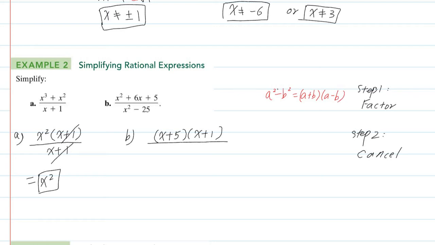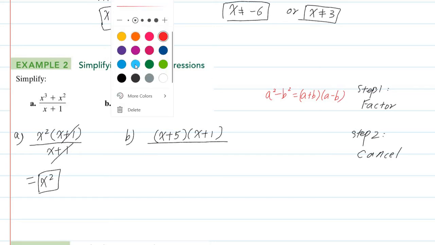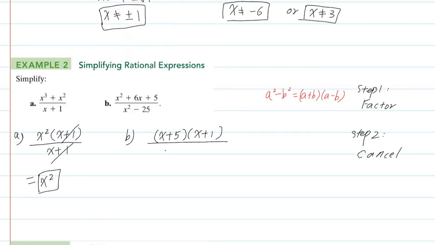We can rewrite it as x squared minus 5 squared, so you're going to have x plus 5 and x minus 5. That is this part if we rewrite 25 as 5 squared. So we follow this formula right here.